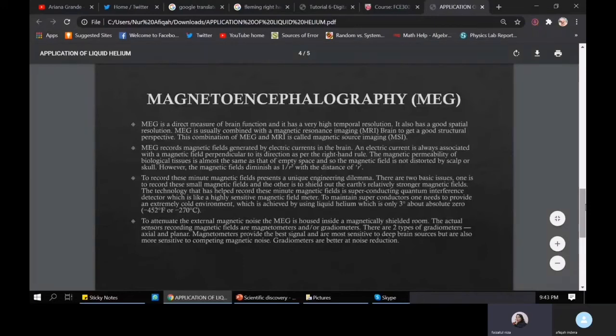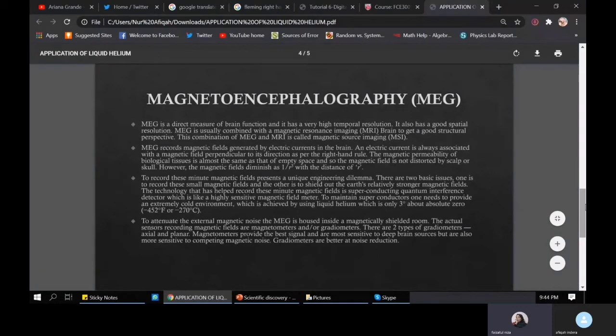This MEG is for measuring brain function. It has a very high temporal resolution and also a good spatial resolution. MEG is usually combined with MRI of the brain to get a good structural perspective.